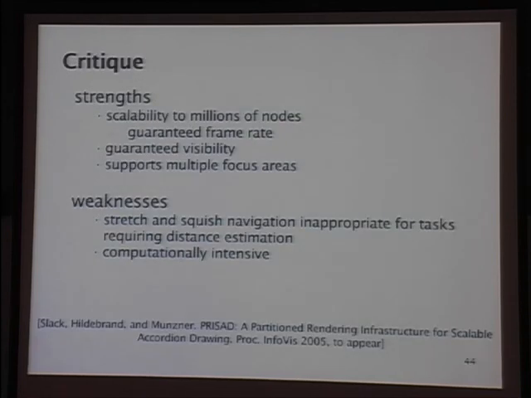So this approach actually does scale up to millions of nodes, and not just from a graphics point of view of the algorithms, but from a perceptual point of view of actually understanding what the picture means. We've got this idea that we guarantee marked nodes being visible, and you can have multiple areas of focus. Now, yet again, all of these kind of distortion-based approaches aren't going to work well if you have to do something where distance estimation really matters.